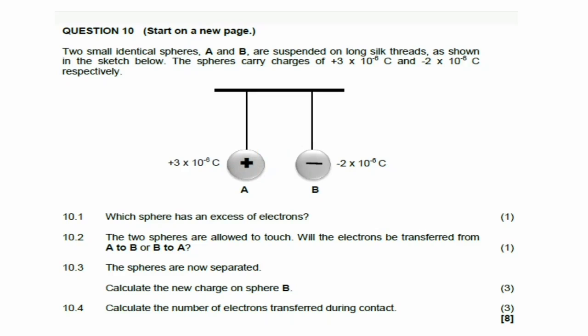From the principle of conservation of charge, the new charge on sphere B will also be the same magnitude as the charge on sphere A. So we are calculating the new charge on each of these spheres.